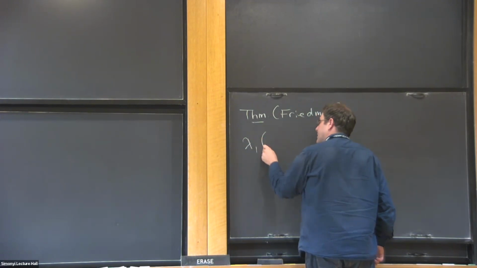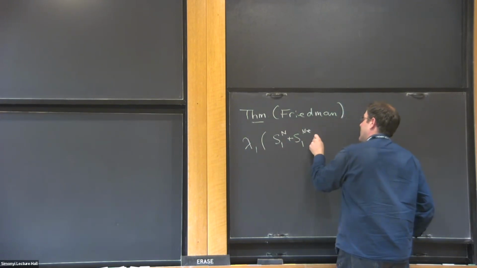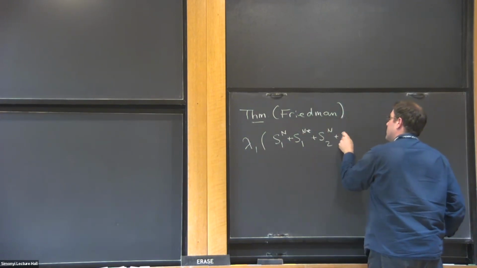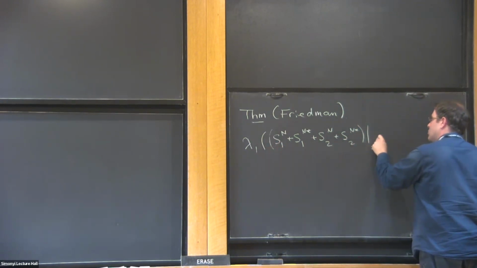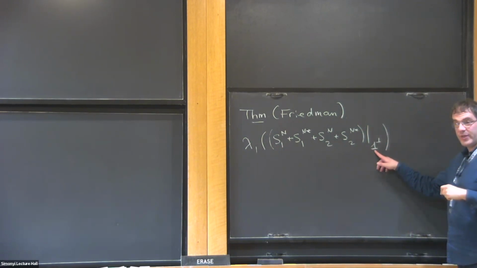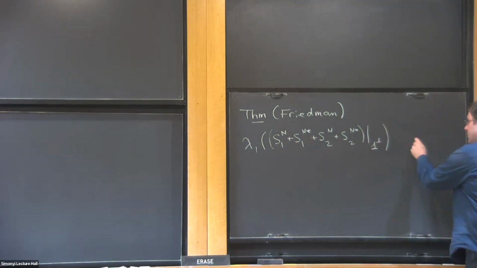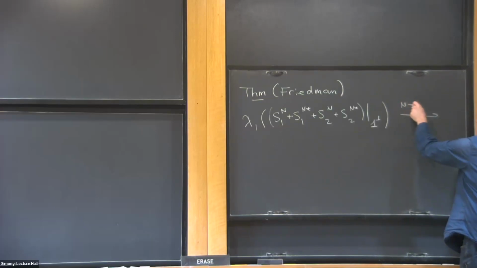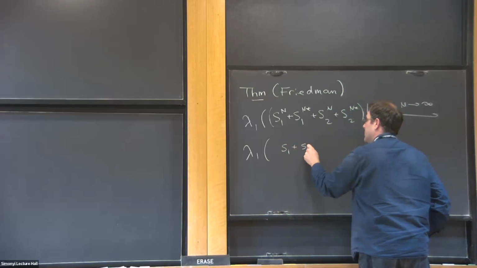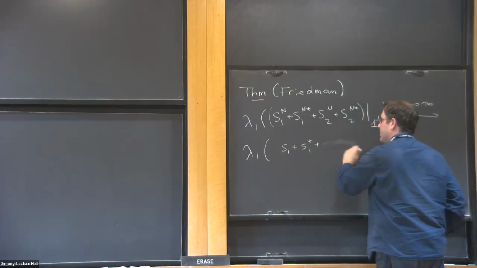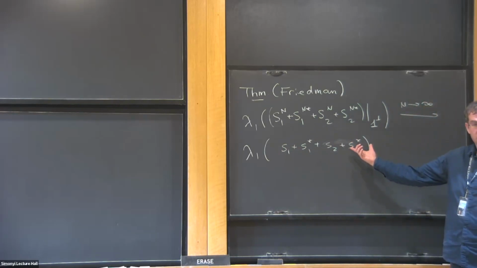I should say that the largest eigenvalue of this sum of independent random permutations, but restricted to the space orthogonal to the Frobenius eigenvector, so that's really the second largest eigenvalue of the matrix without this, converges as n goes to infinity to the largest eigenvalue of this infinite dimensional matrix.